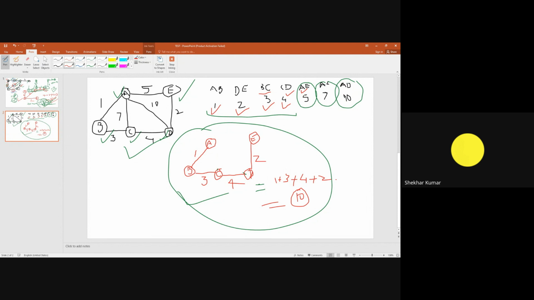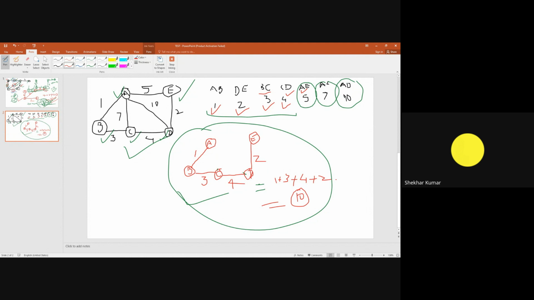If that edge creates a cycle, I have simply discarded that edge. Otherwise, I have added it in the minimum spanning tree.